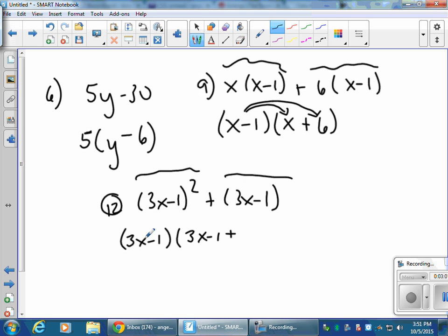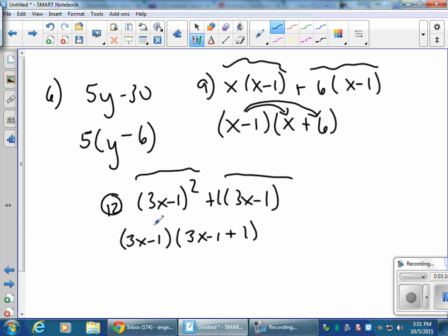If I took a 3x minus 1 out of here, I would be left with just a 1. If I divided out that factor, it would just leave me with a 1 because there is a 1 understood to be here. So this is how it factors: 3x minus 1 times 3x minus 1 plus 1.